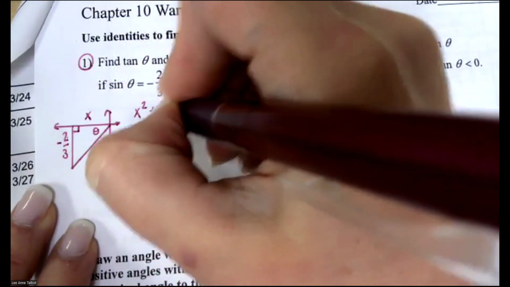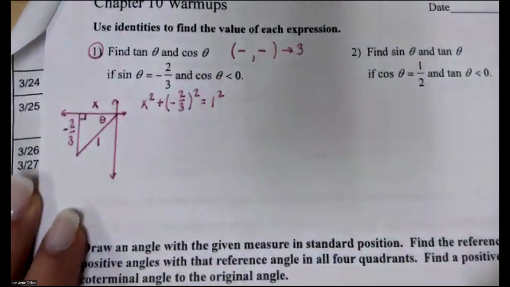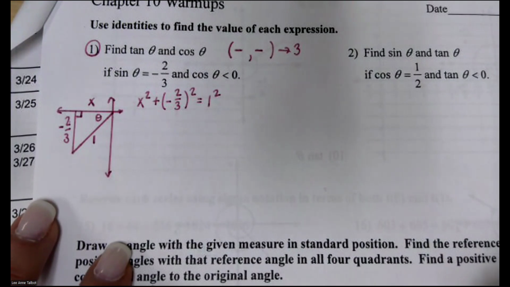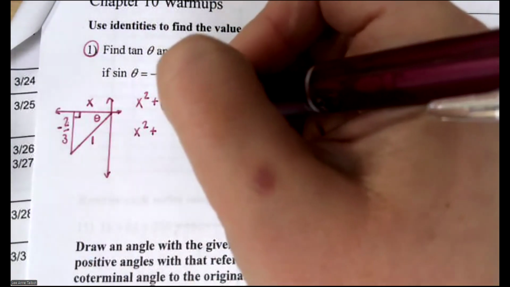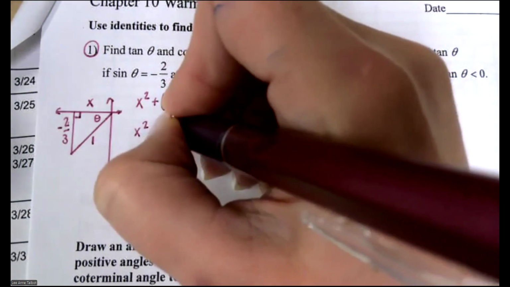X squared plus negative 2/3 squared equals 1 squared. X squared plus, what is negative 2/3 squared? 4/9. Nice.